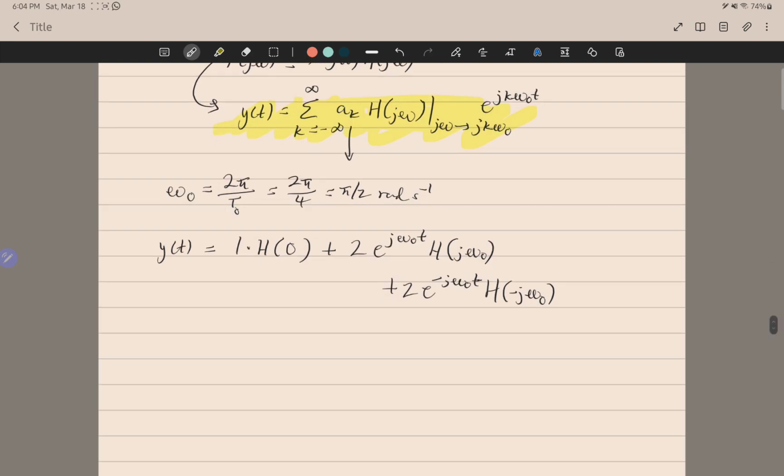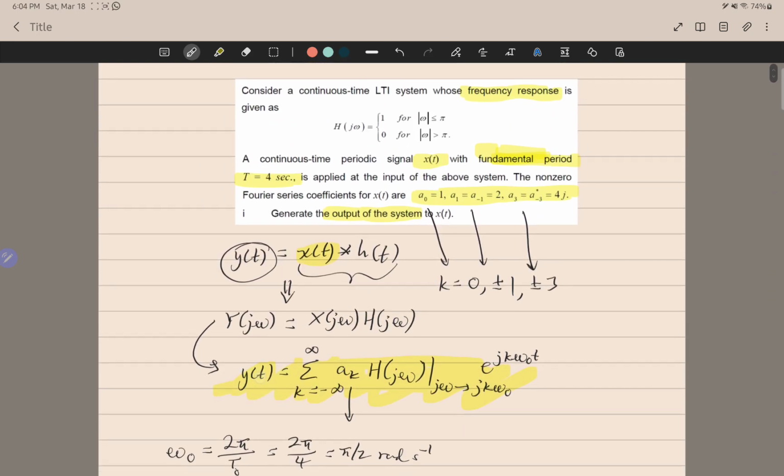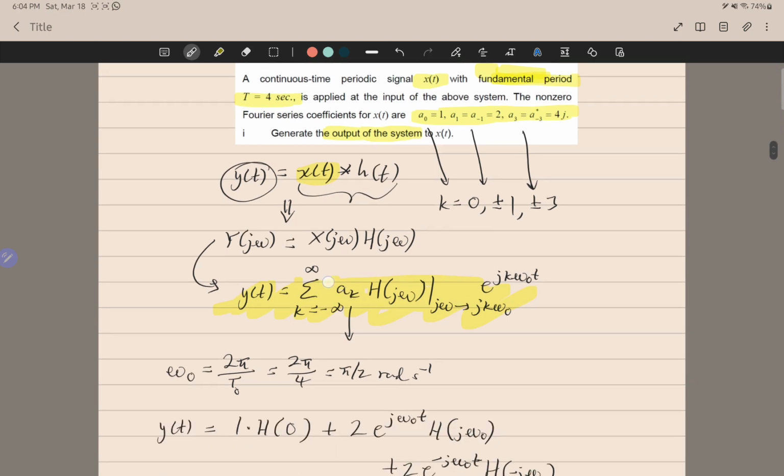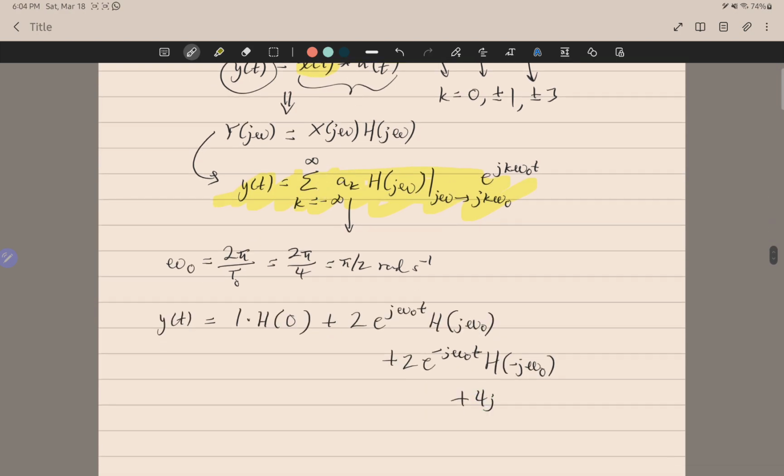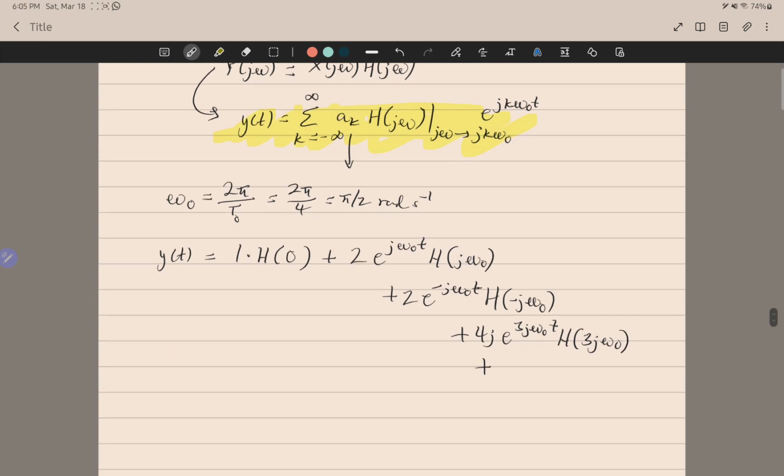For k equals 3, a3 and a negative 3 are equal to 4j. So 4j multiplied by e to the power of 3j omega 0 t multiplied by H of j 3 omega 0. And for k equals negative 3, it's 4j e to the power of negative 3j omega 0 t multiplied by H of negative 3j omega 0.